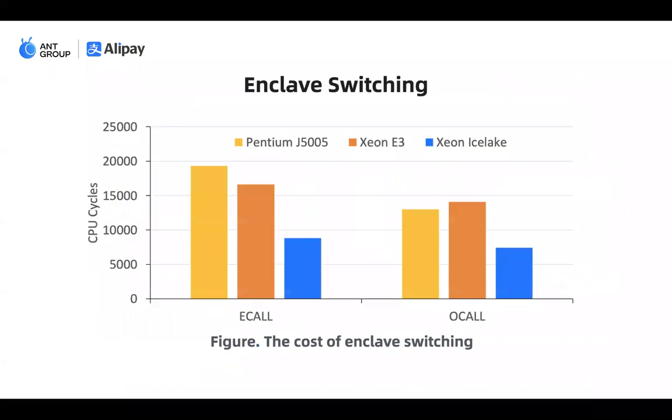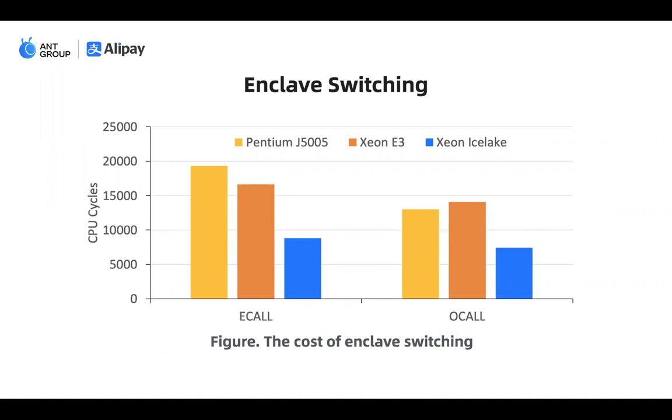The third aspect is enclave switching, and there are two standard methods to trigger it, which is when the CPU enters the enclave and exits the enclave. The standard way to do this is ECall and OCall. ECall is calling a structured function inside the enclave, and OCall is calling untrusted functions from the enclave to the outside. We have measured the cost of ECall and OCall respectively on 3 different platforms.